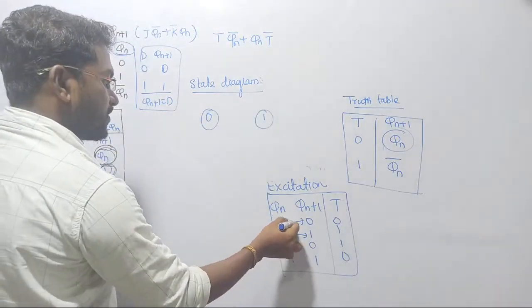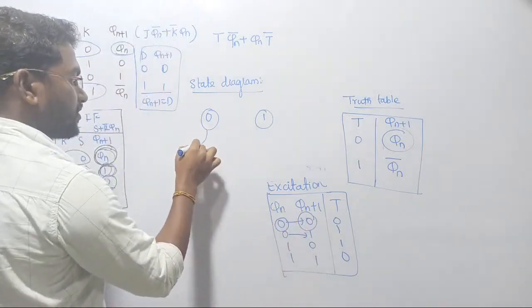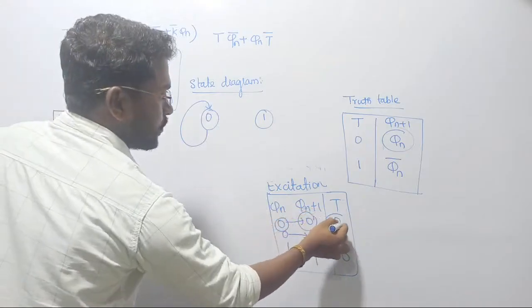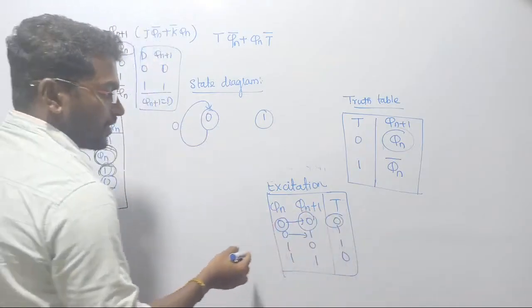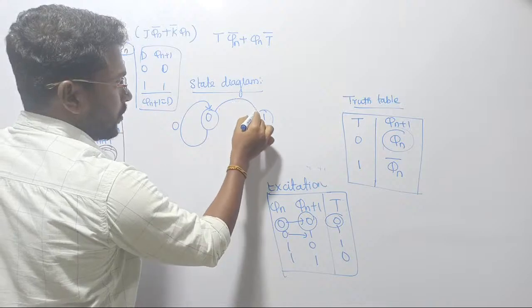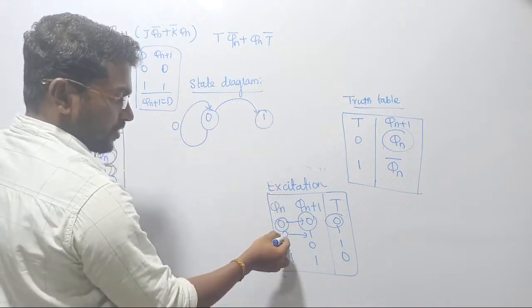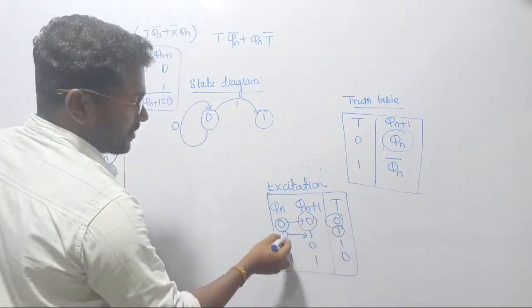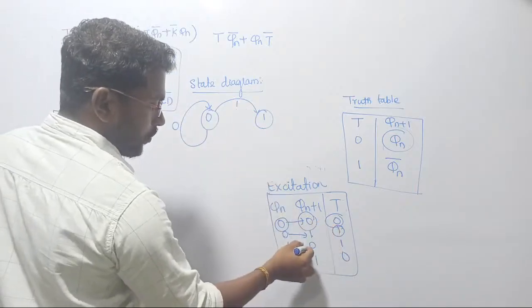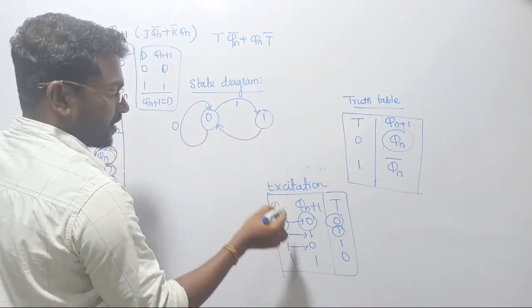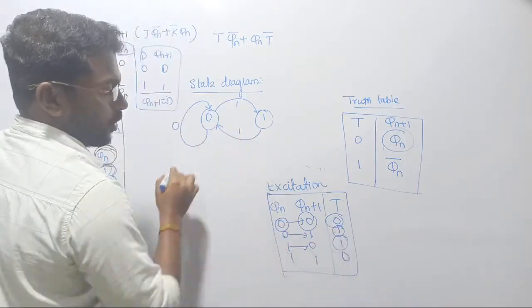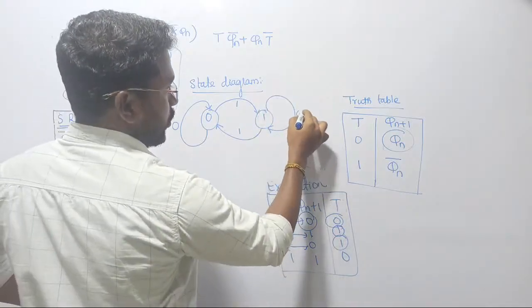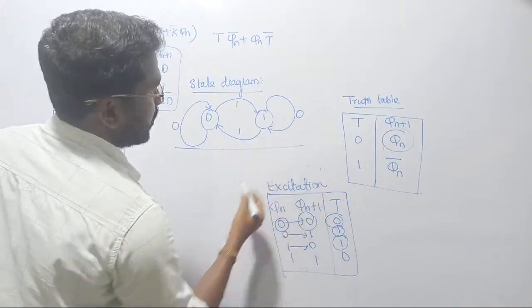See, past output is 0, present output also will become 0, such that its corresponding input is 0. Past output is 0, present output will become 1, its corresponding input is 1. Past output is 1, present output will become 0, such that its corresponding input will become 1. Past is 1, present also will become 1, its corresponding input is 0. Clear? That is going to be the state diagram of the system.